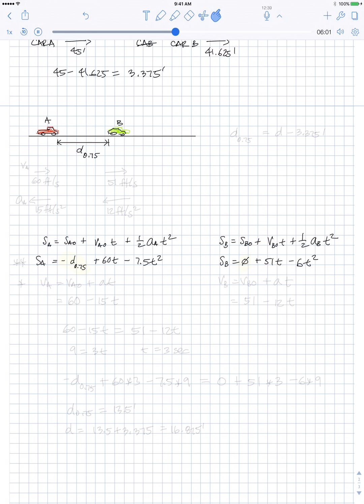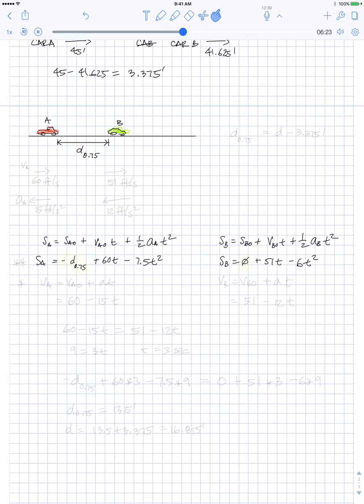However, car A is decelerating once the brakes go on, so I think it can actually be even closer than that before they crash. So let's work on this a little more. Okay, so here's the situation after 3/4 of a second.